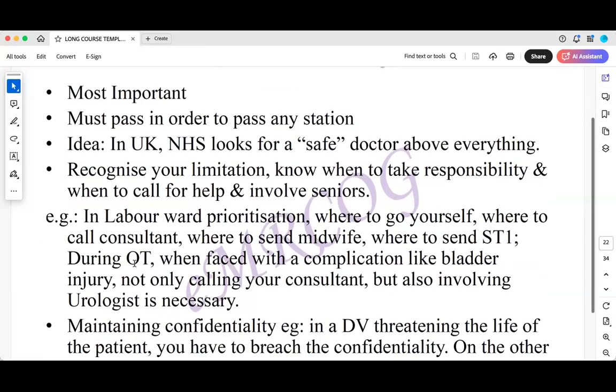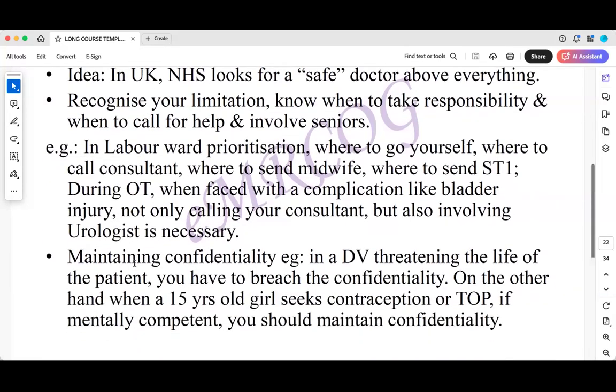Also, knowing your limitation, like this is a case that needs senior input, this case needs consultant input. You can't really manage the case yourself.